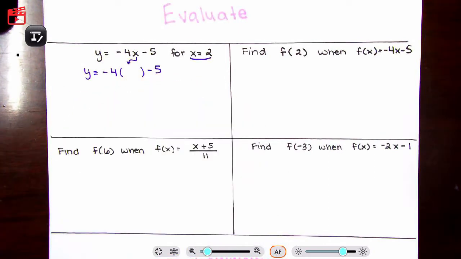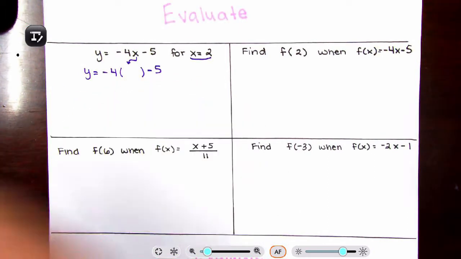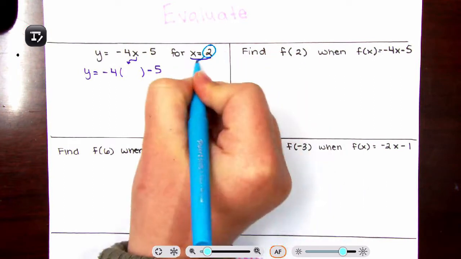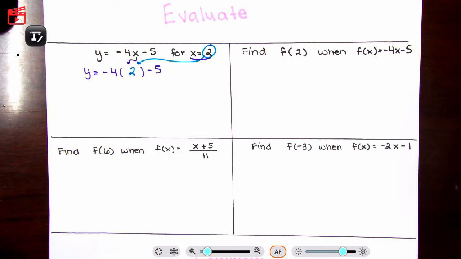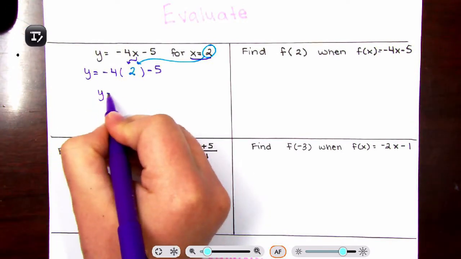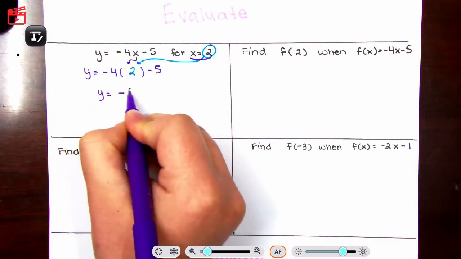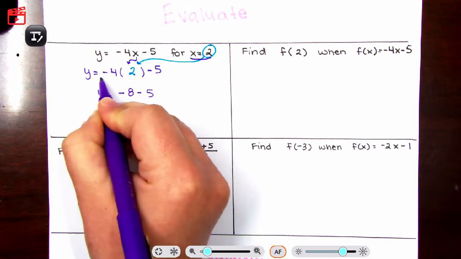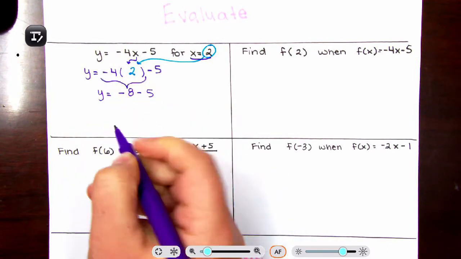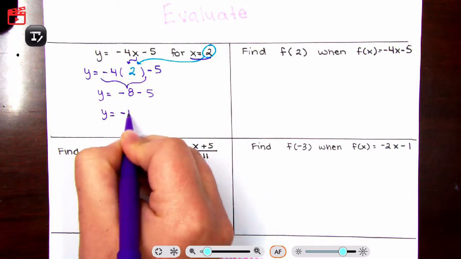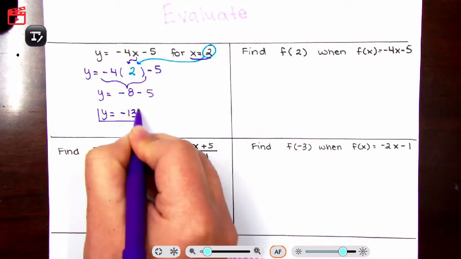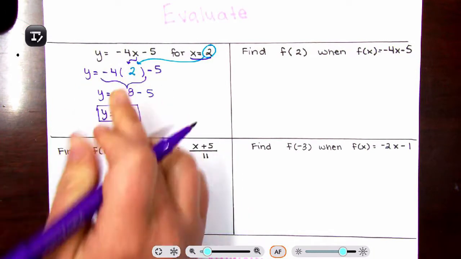And because x is 2, you're going to take 2 and plug it in for x. So now you have y equals negative 8 minus 5. And y is equal to negative 13. This is the original way of solving it.